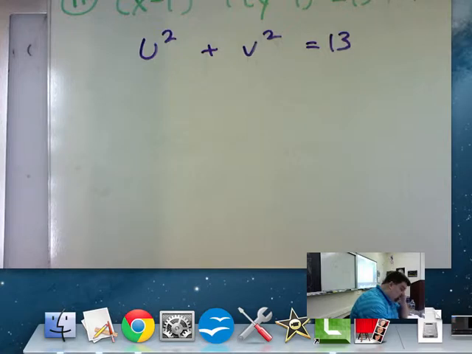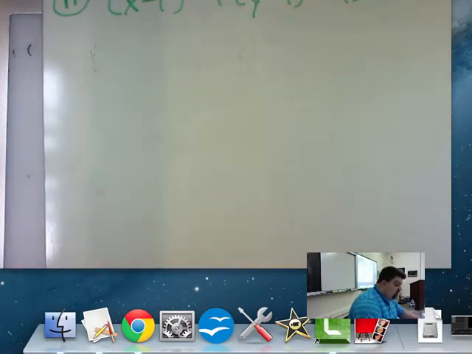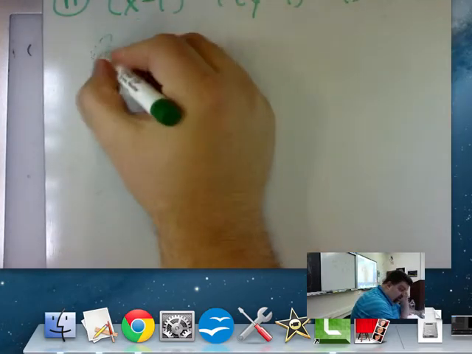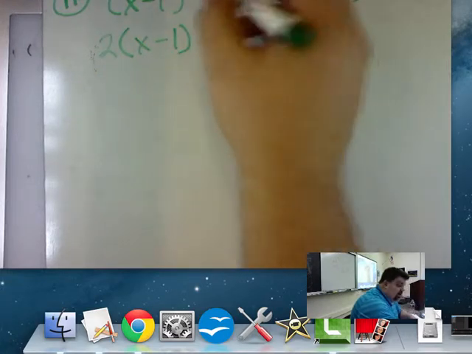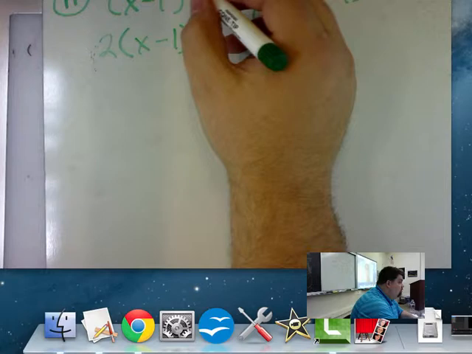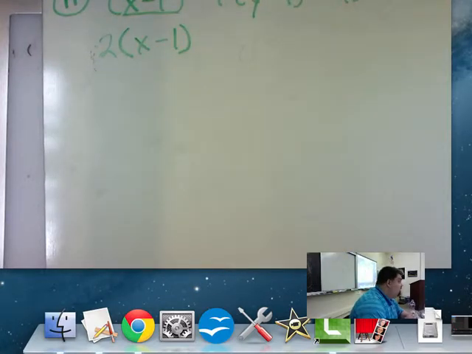So how would that look? The power rule says we toss the 2 to the front. So I've got 2 times (x minus 1), dropped down a power to the first power. Then we tack on the derivative of the stuff on the inside.